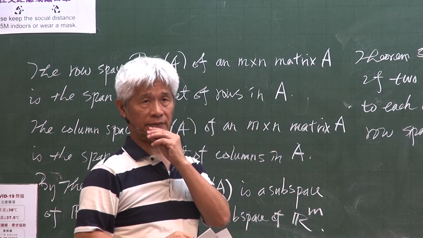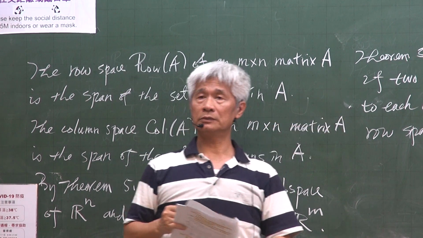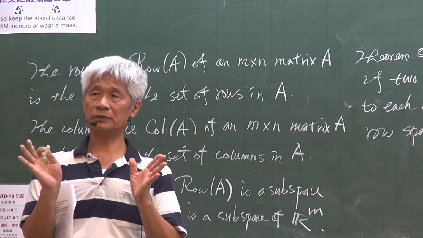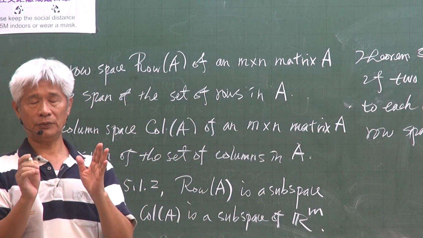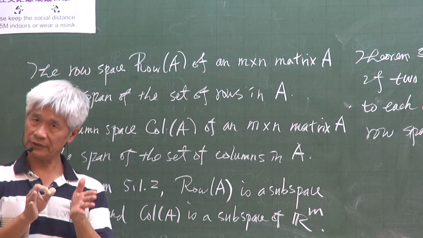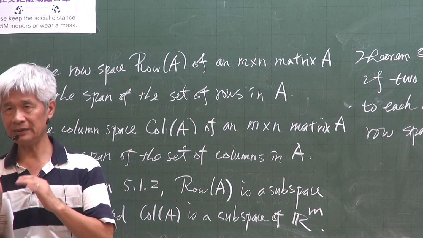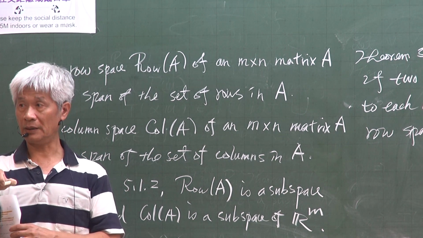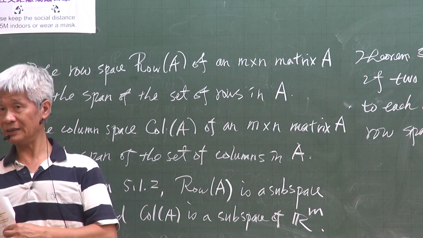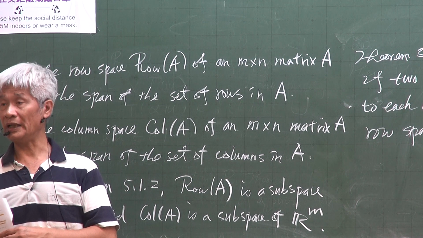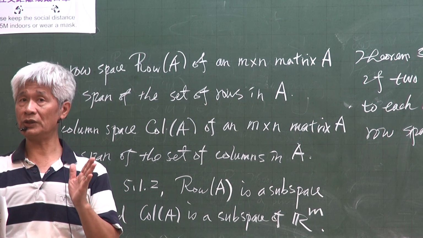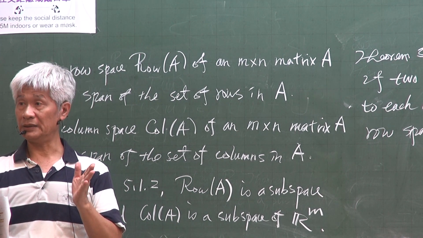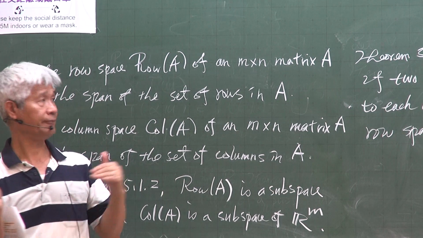Okay, so two matrices are called row equivalent if we can start from one matrix and apply a sequence of elementary row operations on that matrix to obtain another matrix. That is our definition of row equivalence in chapter 1.